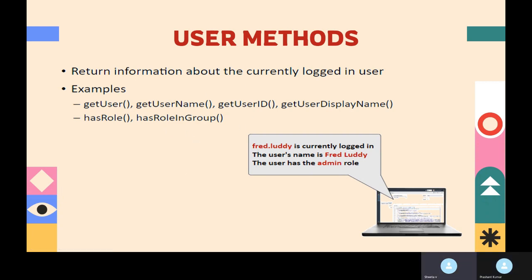I will show you in the system how we can use these user methods. And these methods we can use in any server side script like a business rule, script include, ACL or workflow, anywhere wherever server side execution is there, you can use these user methods frequently.